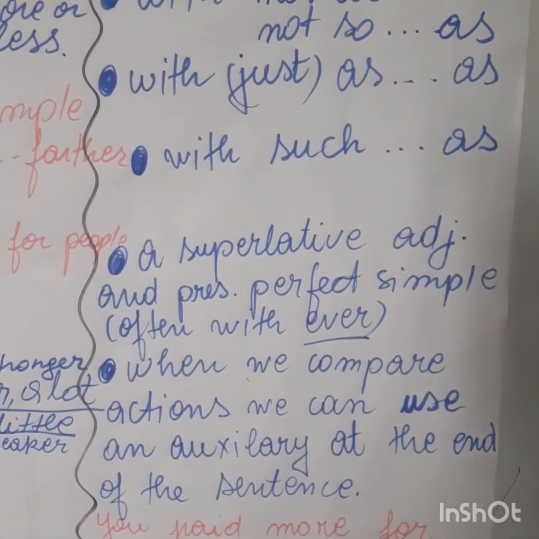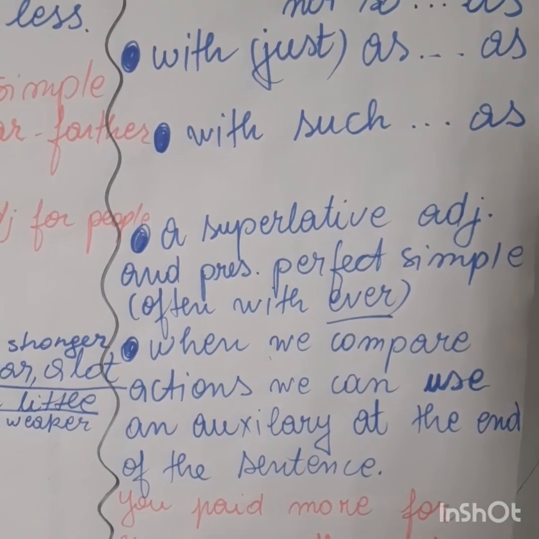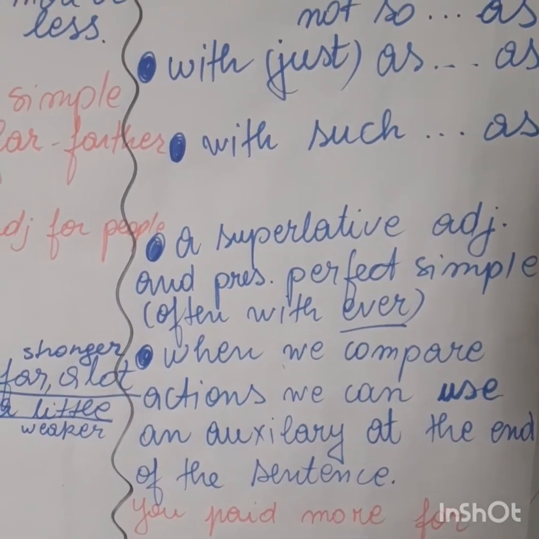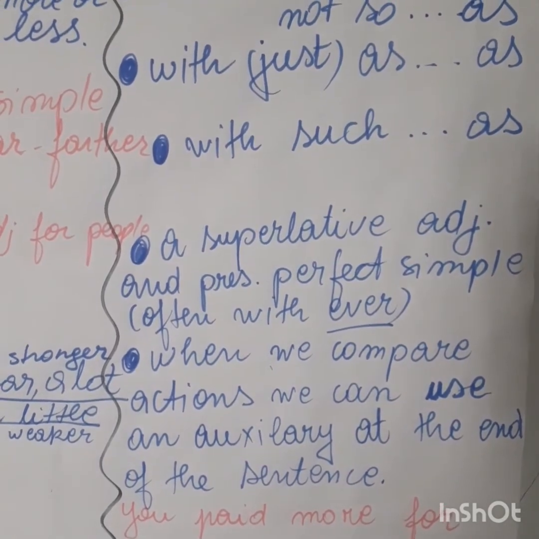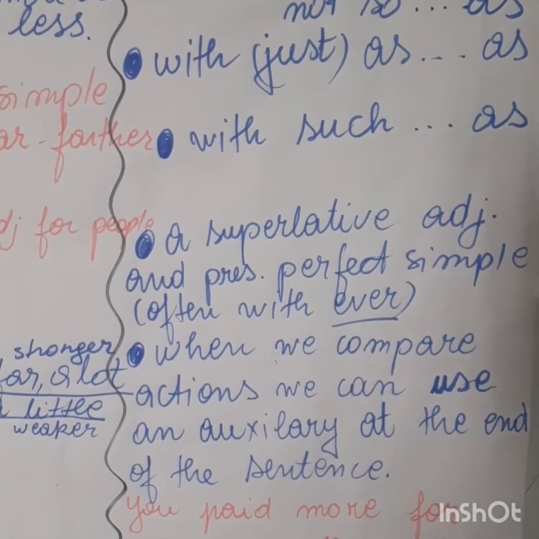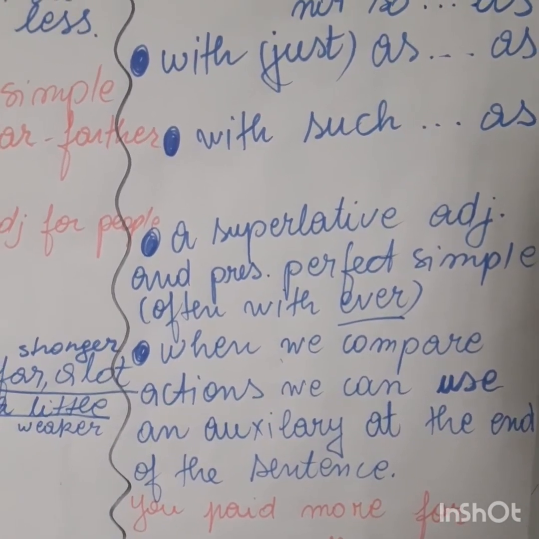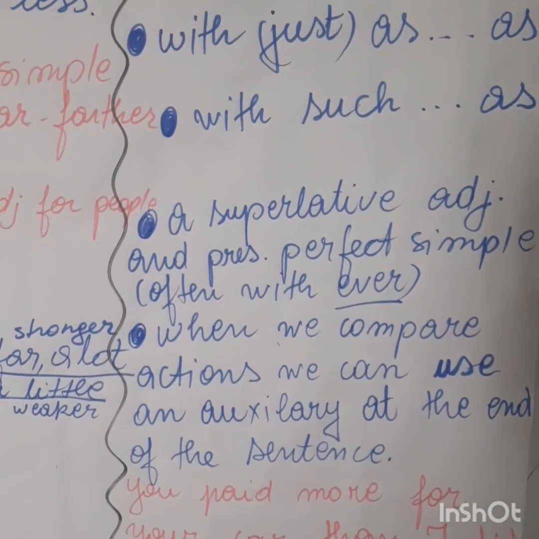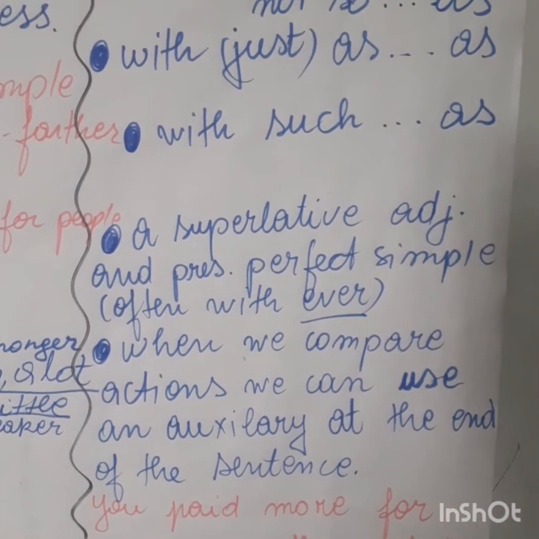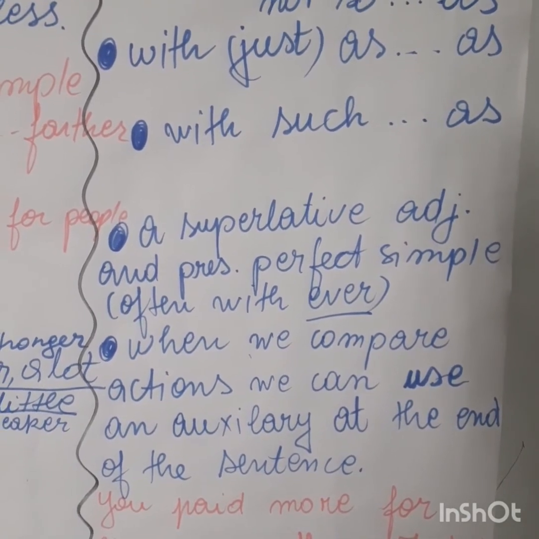Living in the country is just as expensive as living in London. With such as. I've never been to such a good party as that one. With a superlative adjective and present perfect simple, often with ever. This is the worst film I've ever seen.